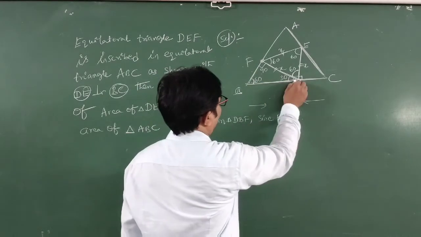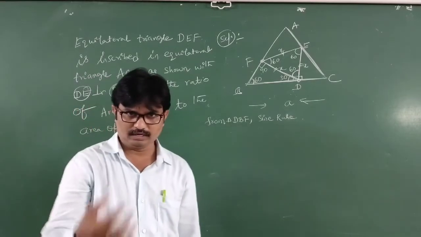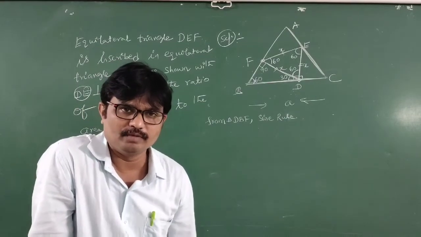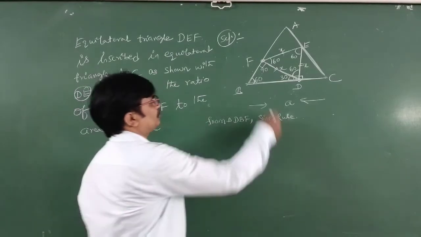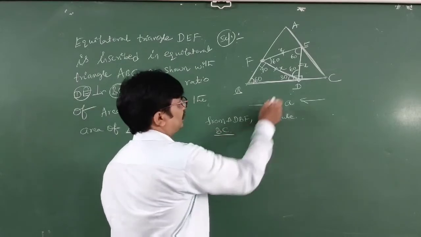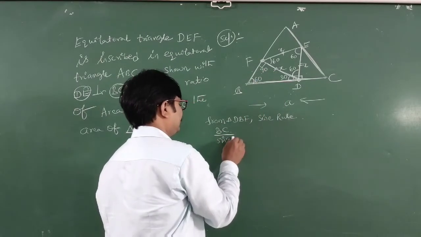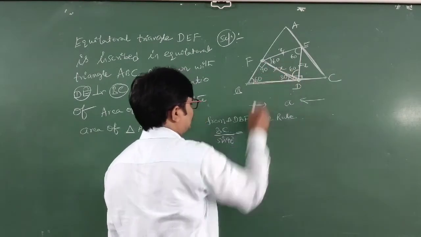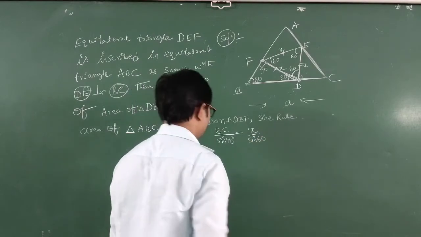A by sin A equals B by sin B equals C by sin C. Here the required side is BD. BD by the sine of its opposite angle, sin 90 degrees, equals x by sin 60 degrees, where x is the opposite side.